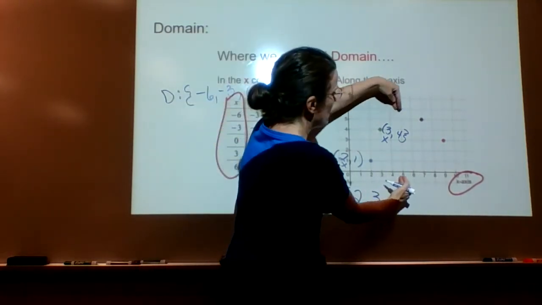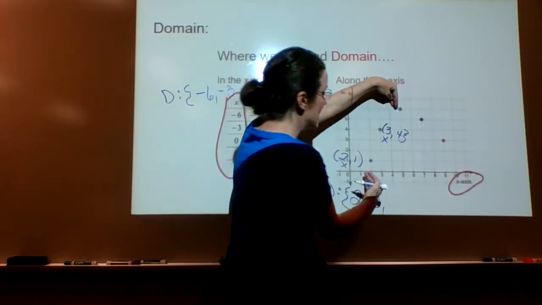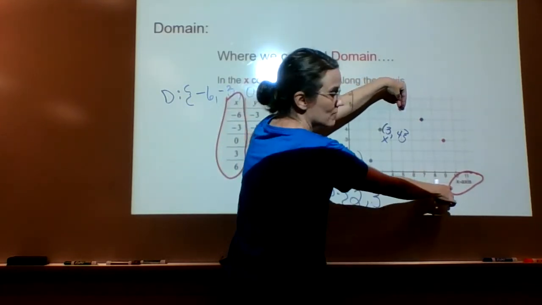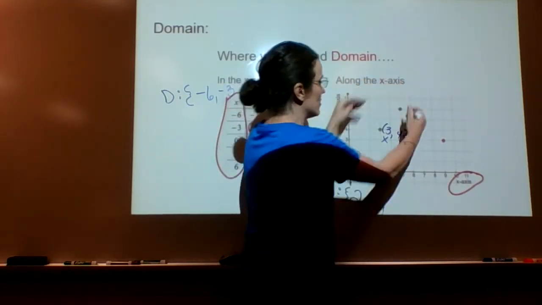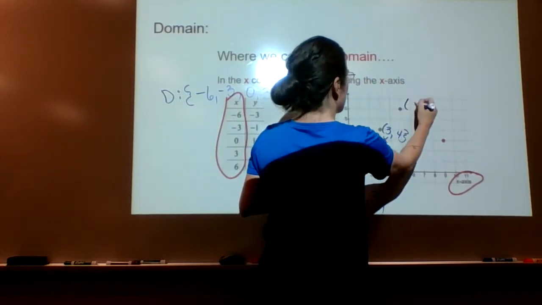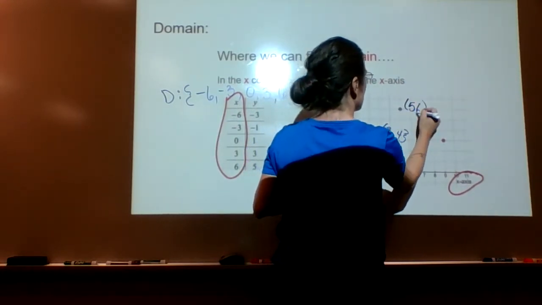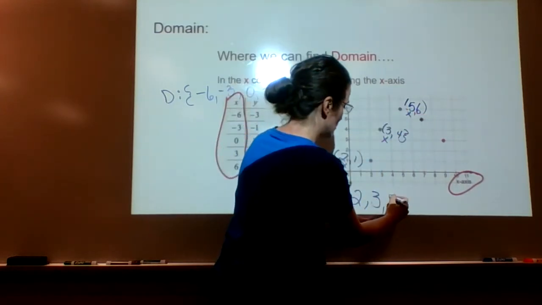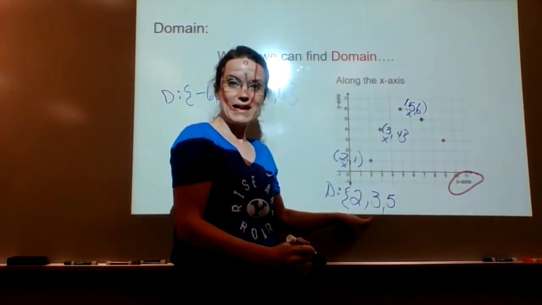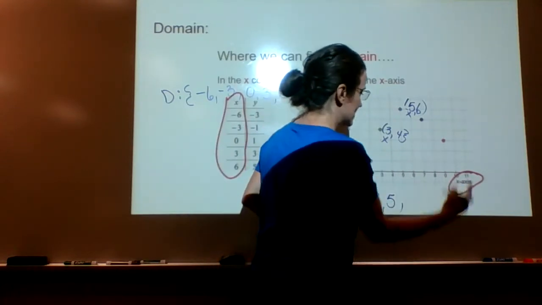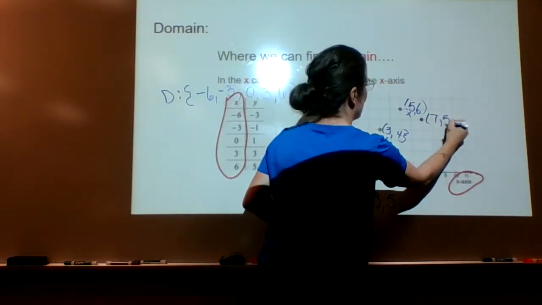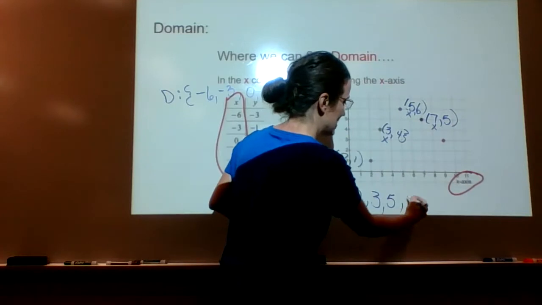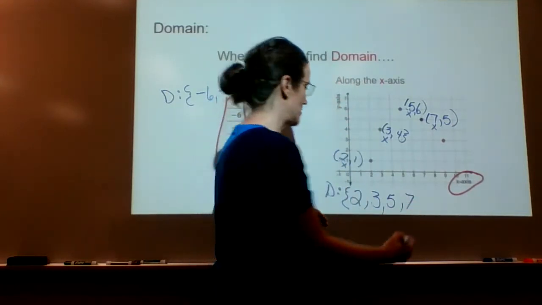As we move along, this point up here is the next one along my x-axis. It is at (5, 6), and so its x value is 5, so 5 is in my domain. This one is at (7, 5), so 7 is the x value that goes in the domain.